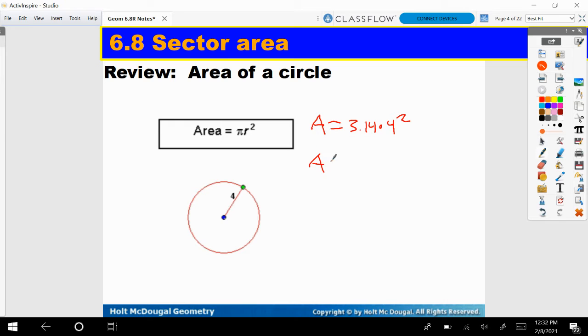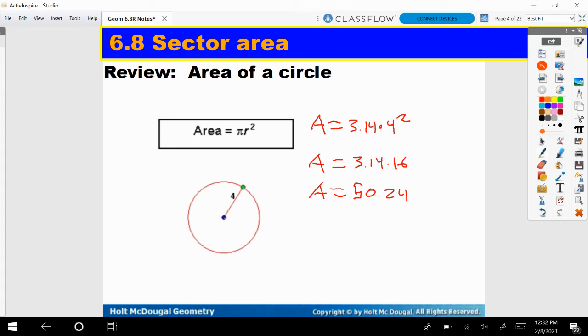So we get 3.14 times 16, and if you work that out, that gets you an area of 50.24. We don't have any units here, so we wouldn't have to put anything down. There's a nice review on area.